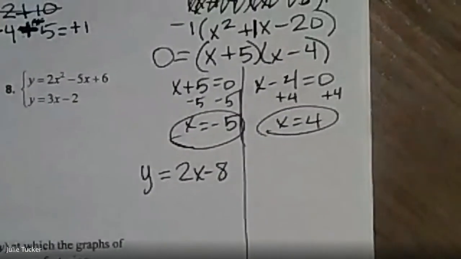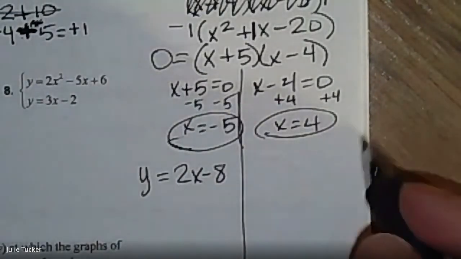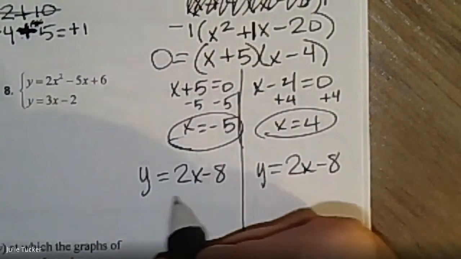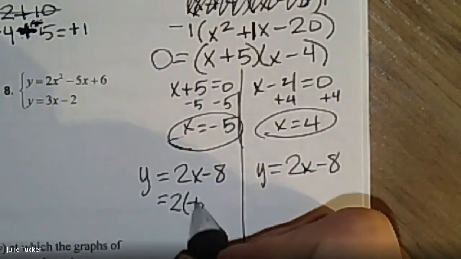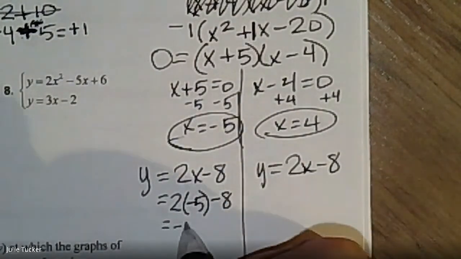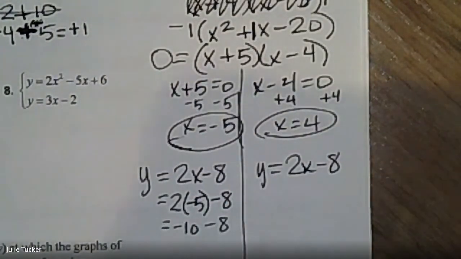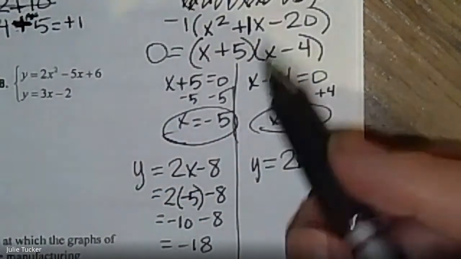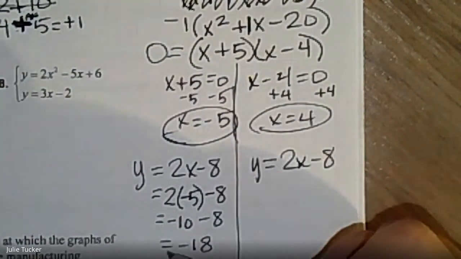And I'm just going to plug in both of these x's to get the y that goes with each one of them. So now I have to go 2 times negative 5 minus 8, which is negative 10 minus 8, which is negative 18. So when x is negative 5, y is negative 18.